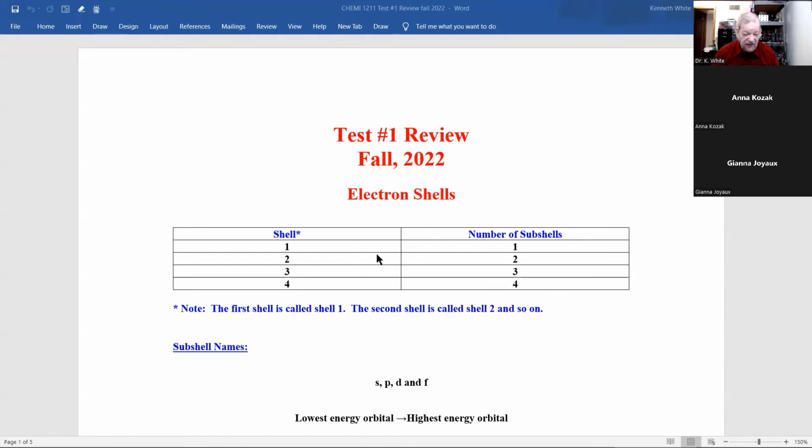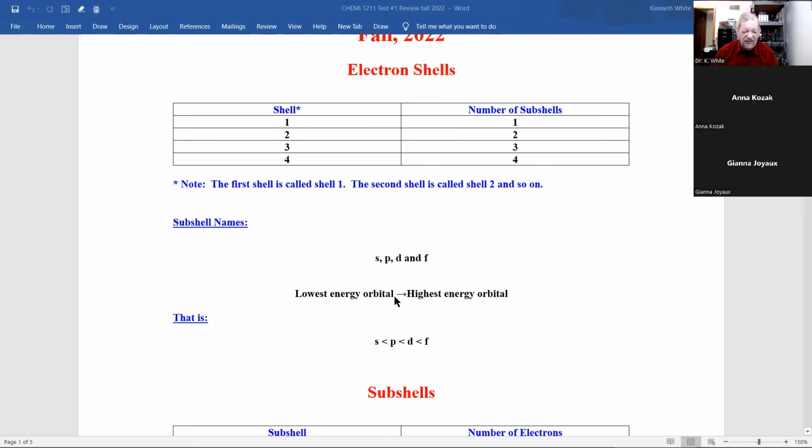This will be given to you. The number of subshells in shell 1 is 1, shell 2 has 2, shell 3 has 3, and shell 4 has 4. The subshells have names: S, P, D, and F.